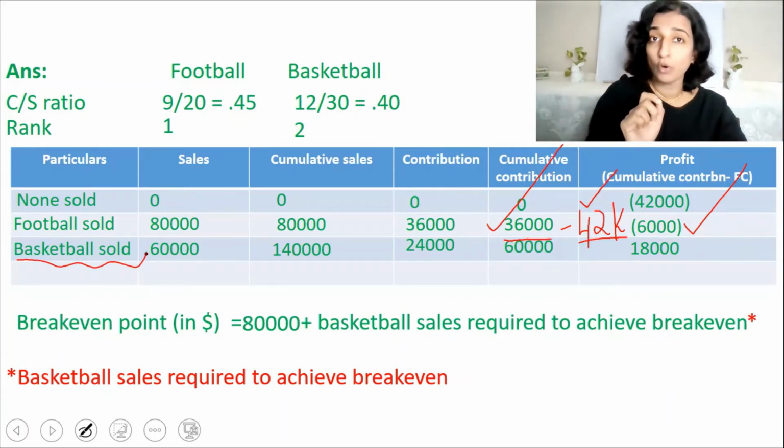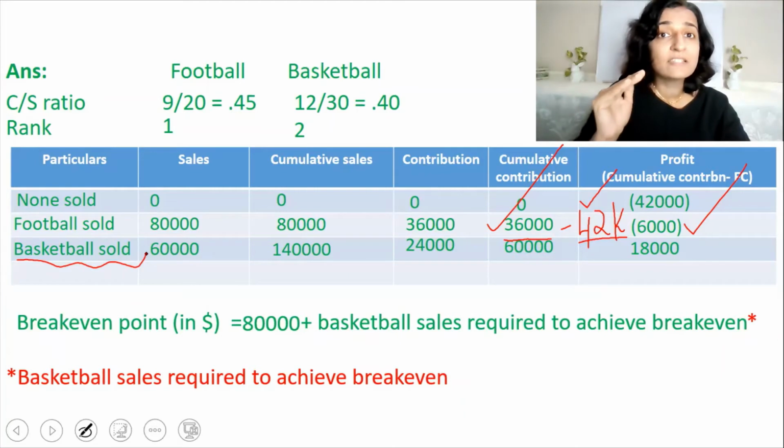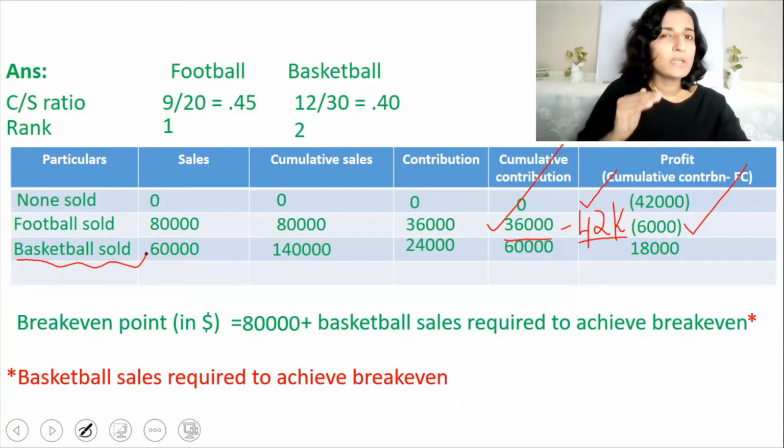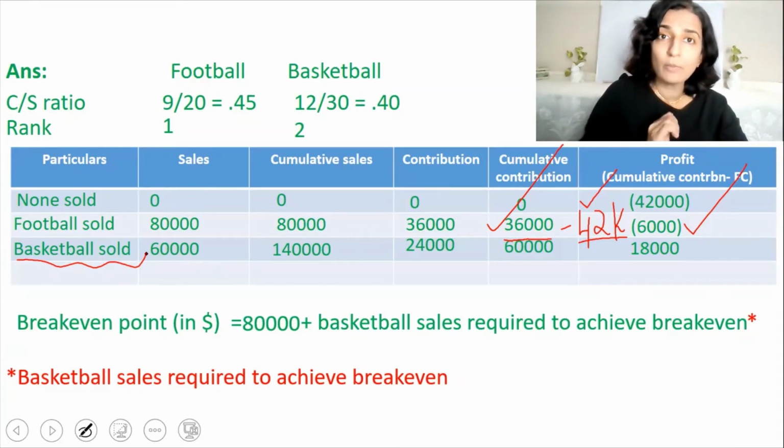fixed cost of $6,000. And what is the formula for break-even point? Break-even point is nothing but fixed cost divided by C/S ratio. So just before the sale of basketball, what is the fixed cost which is unabsorbed? $6,000. So in order to find out the break-even point, all that we have to do is substitute in our formula of break-even point.